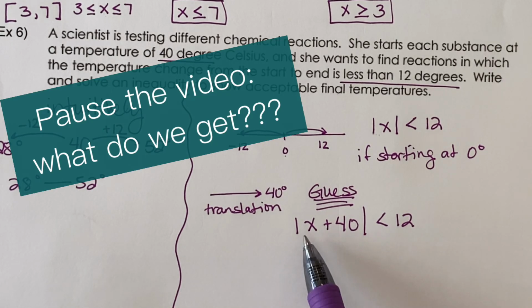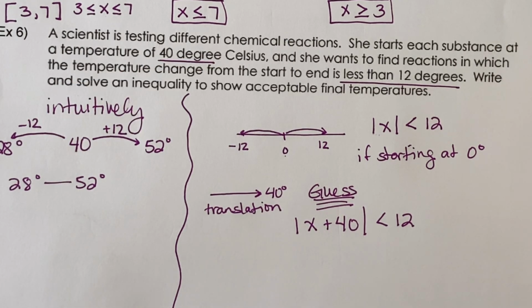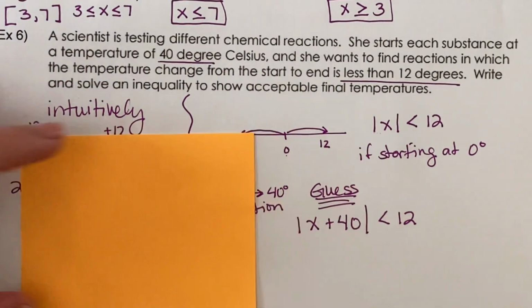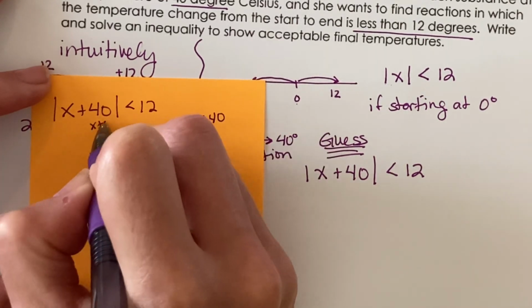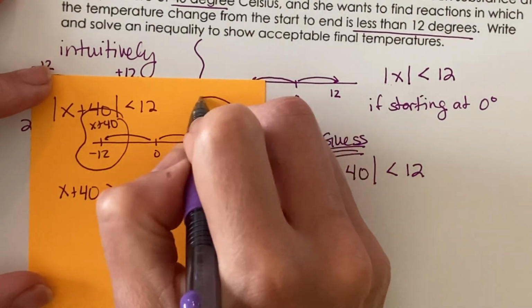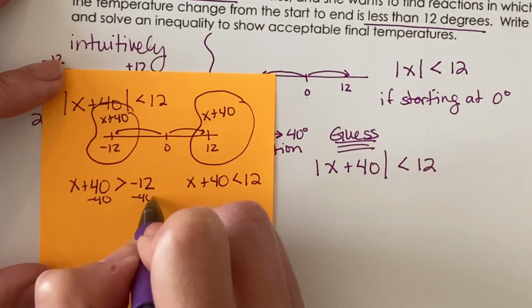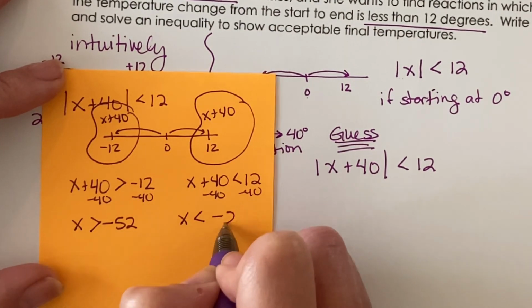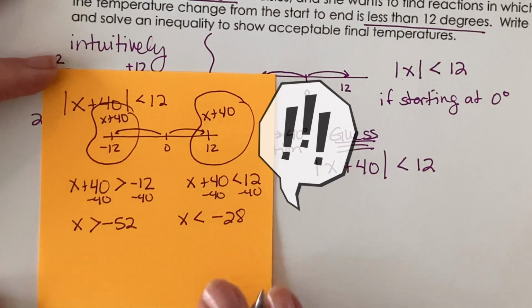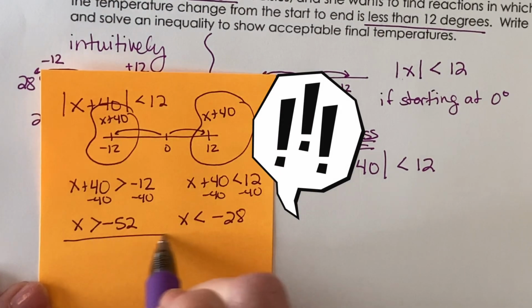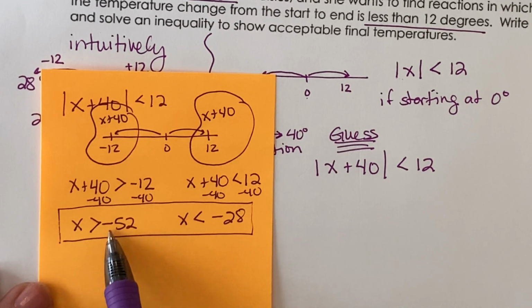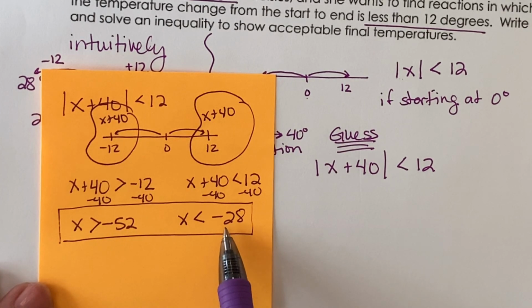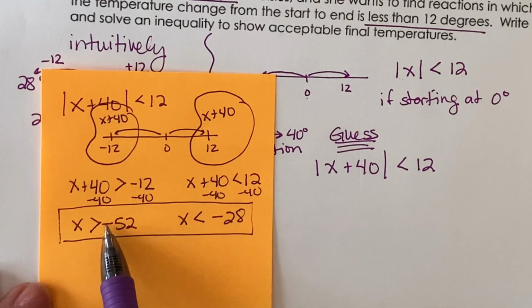Take a moment and solve this and see what we get. Okay, this is what we just got. X has to be bigger than negative 52 and smaller than negative 28.